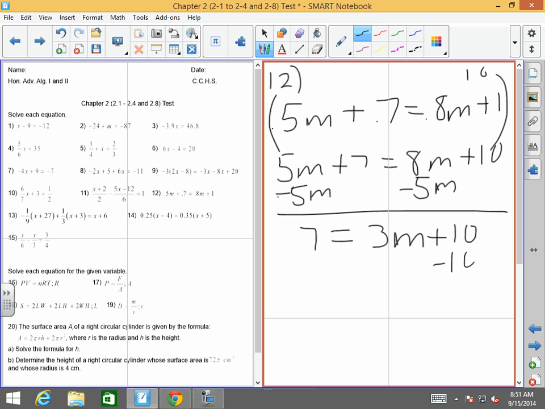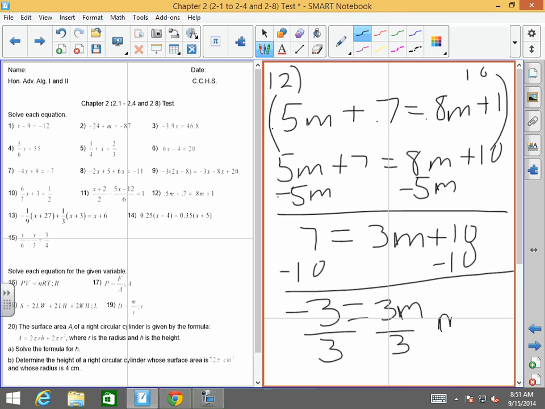Then I'm going to subtract 10 from both sides, and I've got negative 3 equals 3m. Divide by 3 on both sides. m equals negative 1. Does that make sense? Okay.